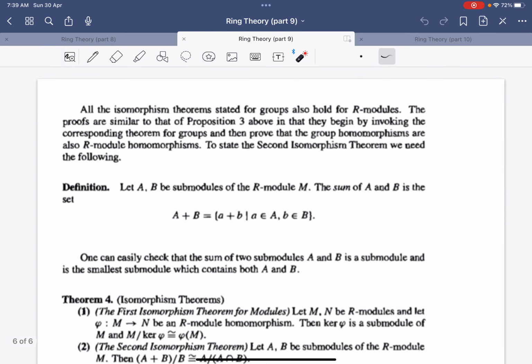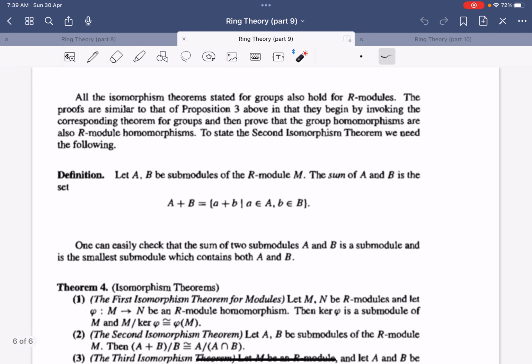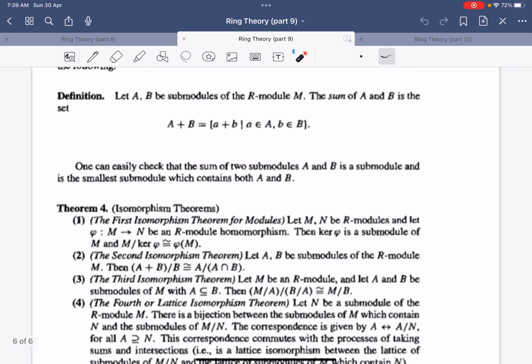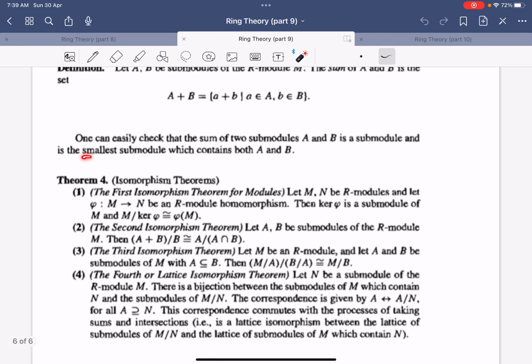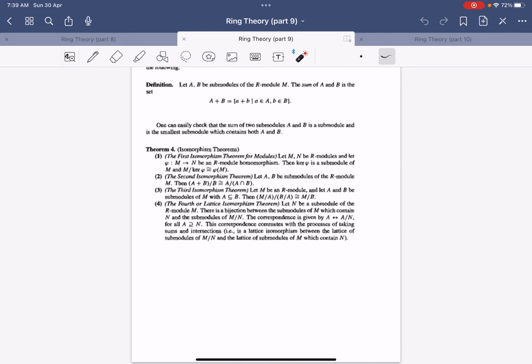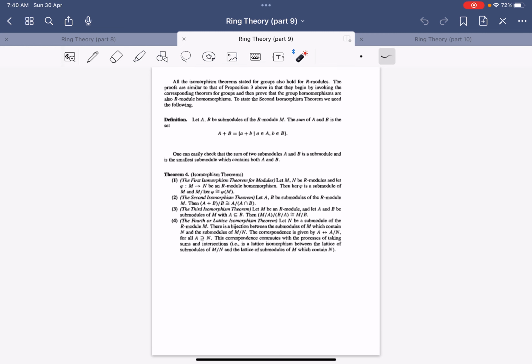And lastly, we have of course analogous statements for the isomorphism theorems, but now for R modules. We can define the sum of two submodules to be the following, and you can check that it is indeed the smallest submodule containing A and B. We shall just state the isomorphism theorems, as the proofs can be found in the textbook, and they are very similar to the group isomorphism theorems and ring isomorphism theorems.